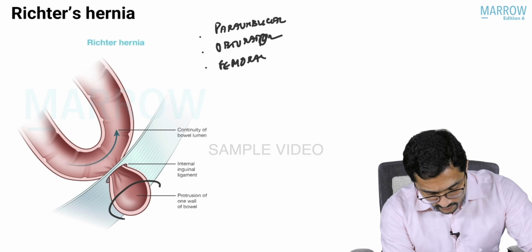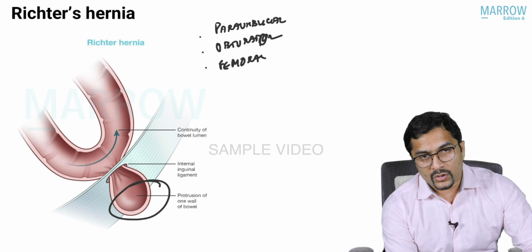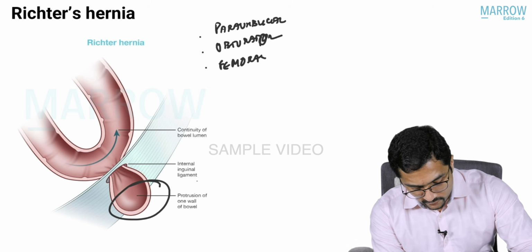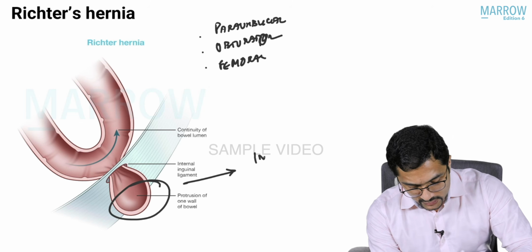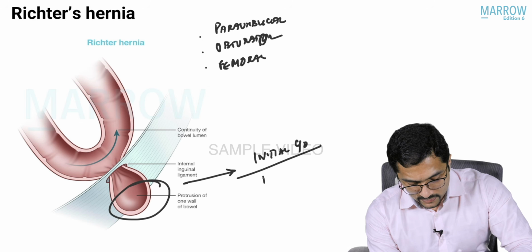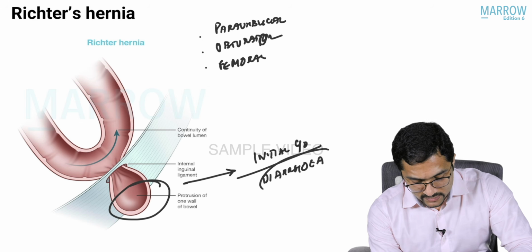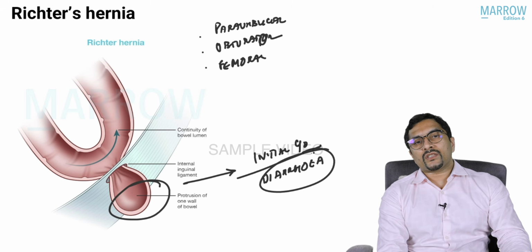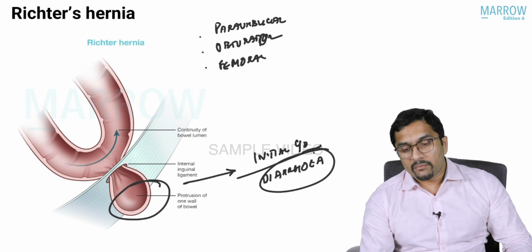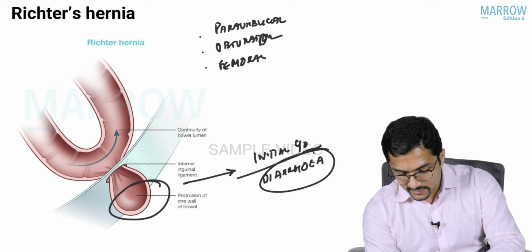Only a portion of the wall protrudes through, and because of that, the initial complaints are of diarrhea or gastroenteritis, which is why strangulation can be missed initially in Richter's hernias.